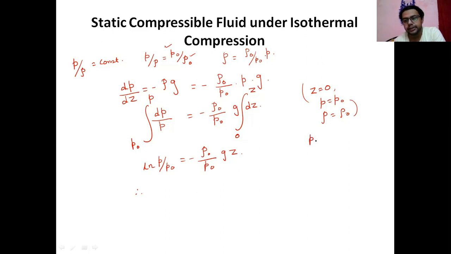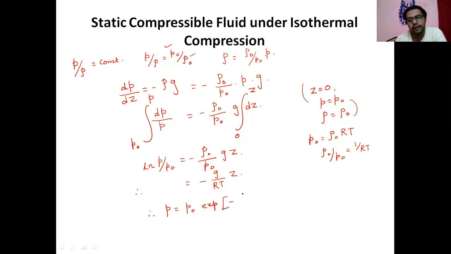Initially in this case, P0 you can write down as rho 0 into R T. So rho 0 by P0, you can write down as 1 by R T. Just change it: g by R T into z. So the P value is P0 into exponential of minus g by R T into z. That is the variation of the pressure with z in case of the isothermal fluid.